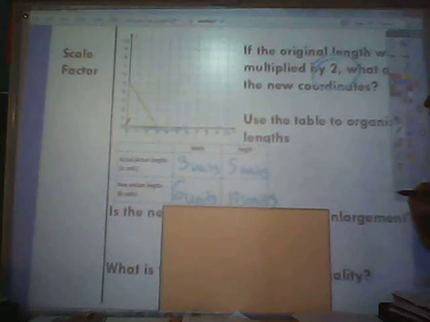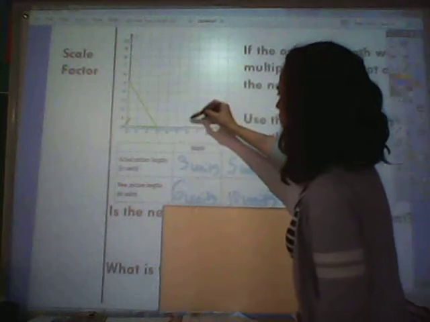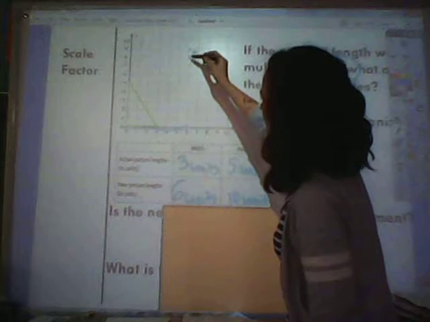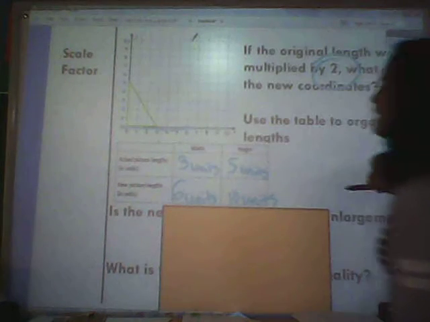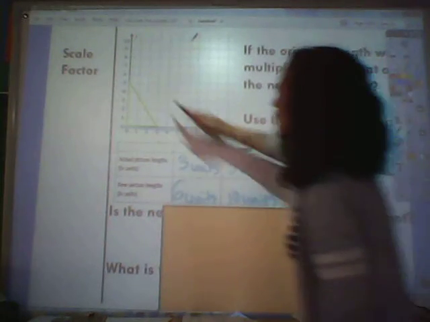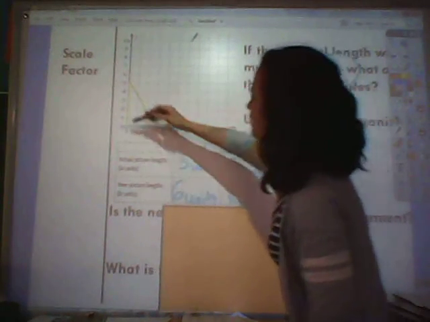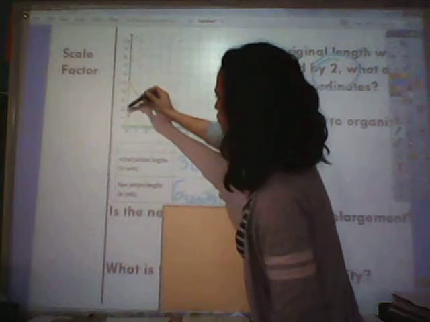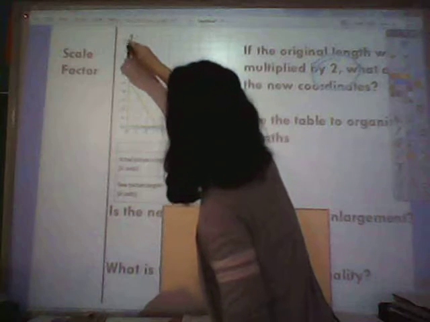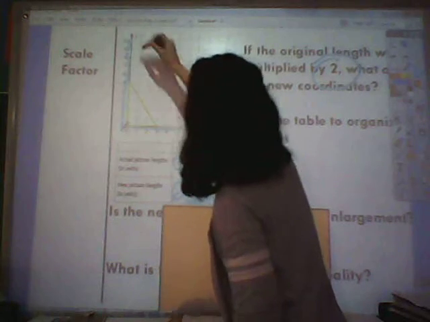And how tall am I going to go? 10. Let's count. 1, 2, 3, 4, 5, 6, 7, 8, 9, 10. I'm going to go up 10, but let's look at the image that I have here. If its hypotenuse is this way, I want my tall side to go up here. So I'm going to go 1, 2, 3, 4, 5, 6, 7, 8, 9, 10, the whole length of this side. And then I'll just connect.